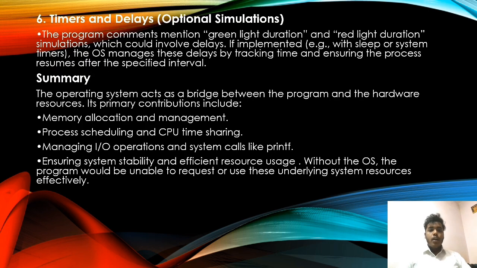Timers and delays, optional simulations. The program comments mention green light duration and red light duration simulations, which could involve delays if implemented, for example with sleep or system timers. The OS manages these delays by tracking time and ensuring the process resumes after the specified interval.